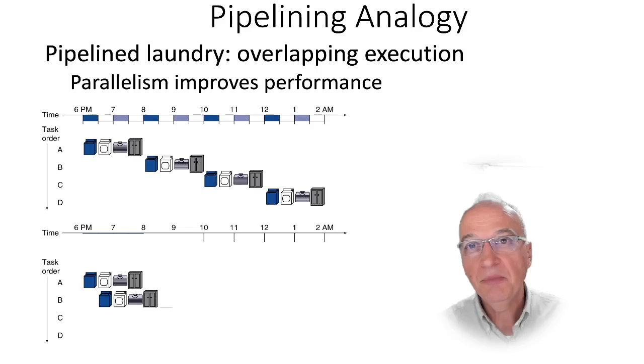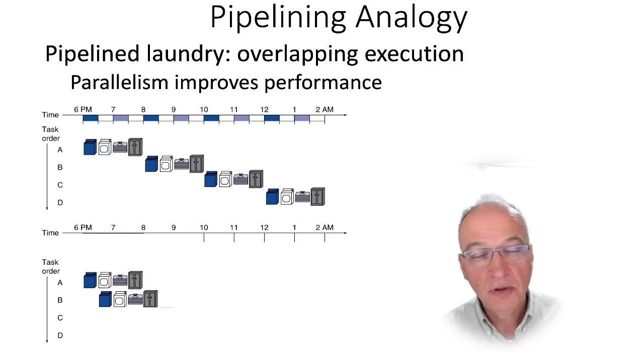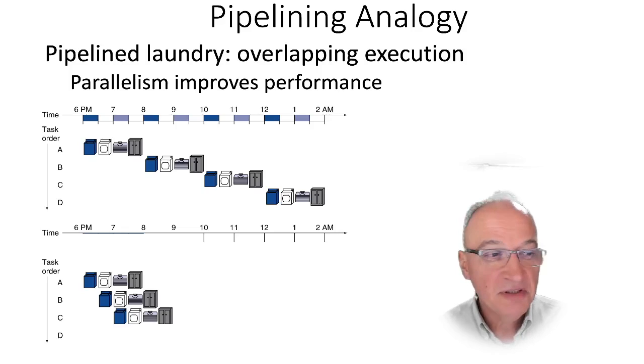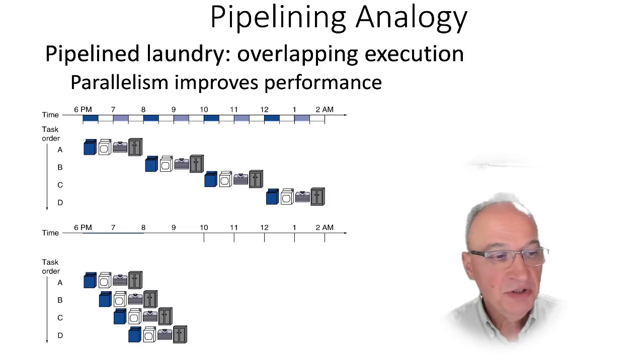But while I'm doing the drying of the first load, I'm going to be doing the washing of the second load, and then I can be doing the folding of the first load, the drying of the second, and the washing of the third, and then I can be putting away, or maybe I have a friend putting away, the first at the same time that I do the folding of the second, the drying of the third, and the washing of the fourth.